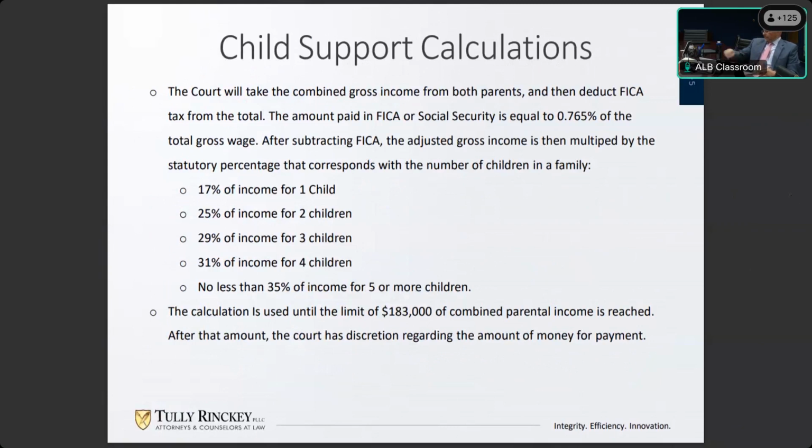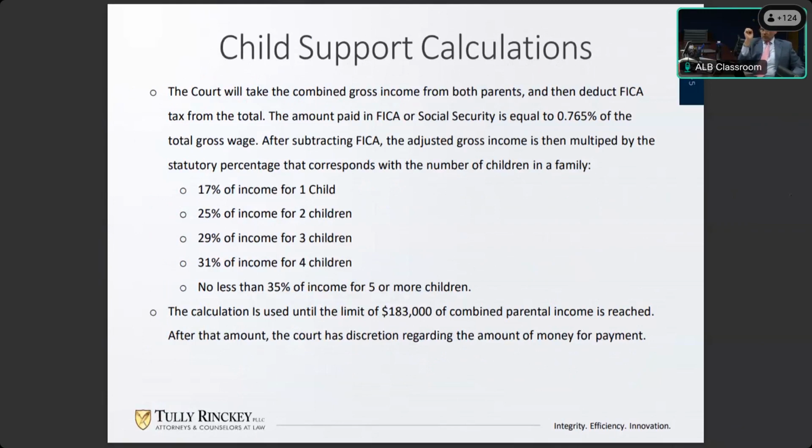What can you deviate? How can you deviate? And the deviation factors, yeah, there's 9 of them. And they look at financial resources, health of the child, tax consequences, non-monetary contributions, the needs of the child. Things along this line that they look at.